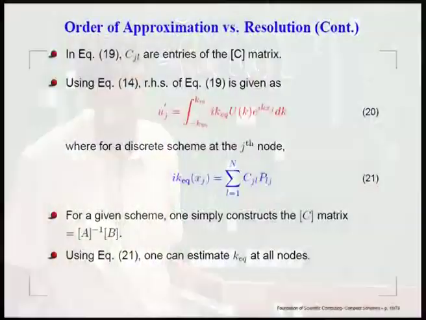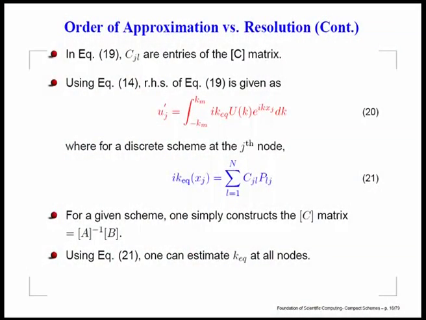So that's what I said, that you could write your ik equivalent at the jth node in terms of the jth row of the C matrix multiplying by that projection operator PLJ. Okay. So this is the story, that you can now calculate k equivalent.